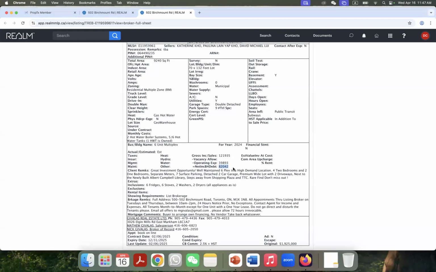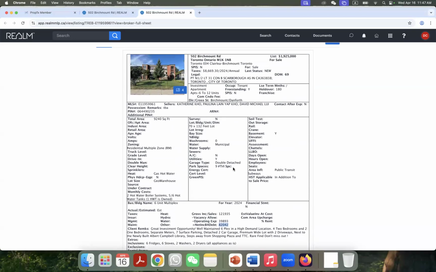What cap rate? 82,042 divided by the asking, how much? 1.9. 1,925,000. You see this cap rate, 4.26. If anyone can work it out that way.